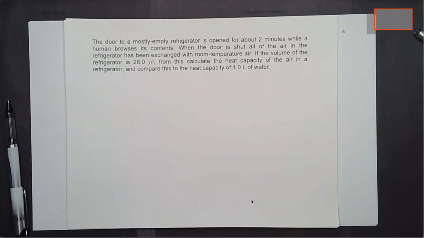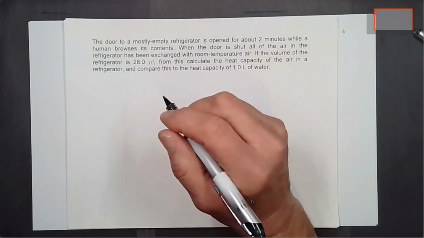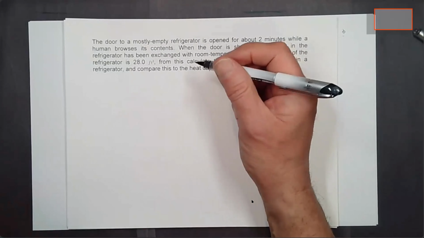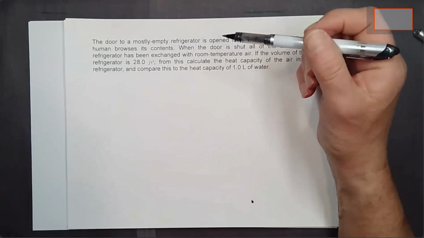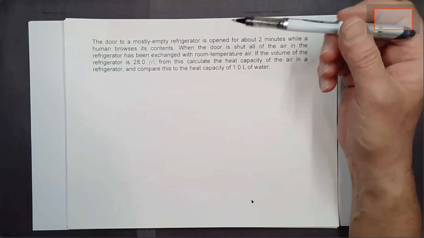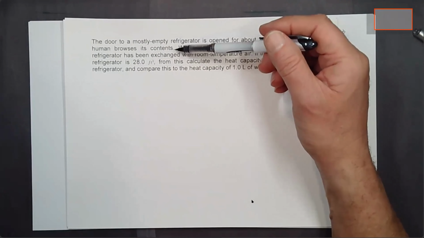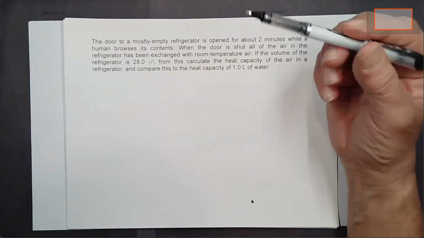Okay, that's just been some stuff dealing with the molecular speeds, but let's do one with the heat capacity of a gas. The door to a mostly empty refrigerator is open for about 2 minutes while a human browses its contents. Well, if it's mostly empty, I don't know what they're going to be looking at, but that's okay.